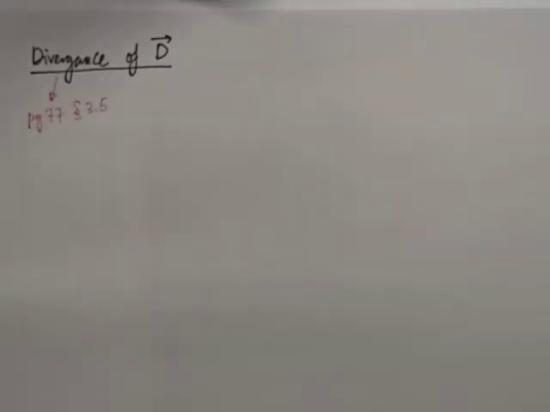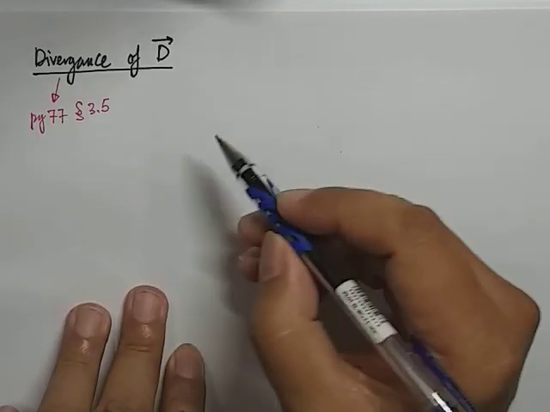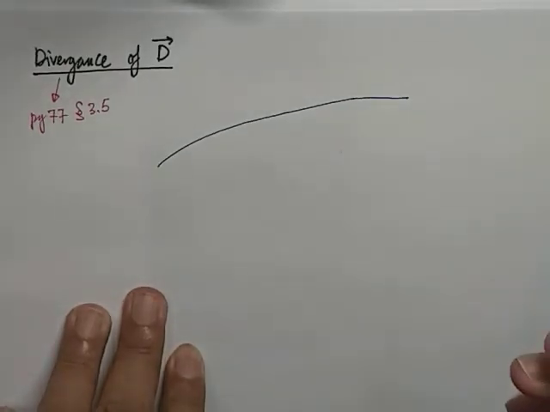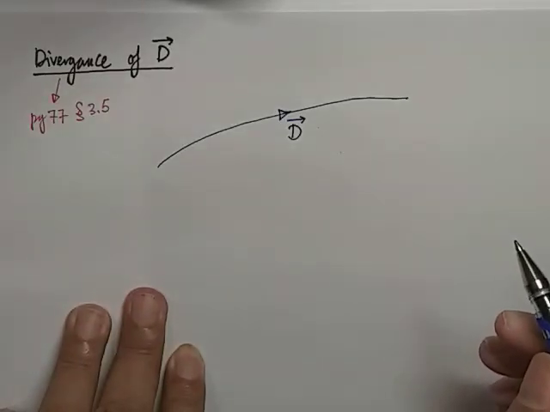So let's assume you have a space, and the space that we consider is filled with electric field. The electric field that we have here, we specifically define it to be D. And D, we know, represents electric field density.